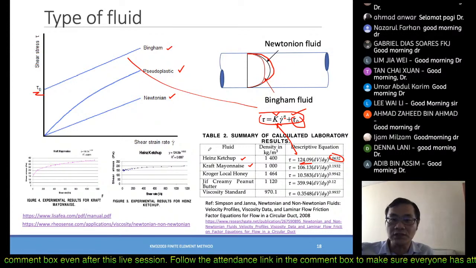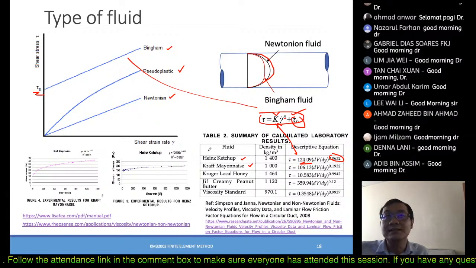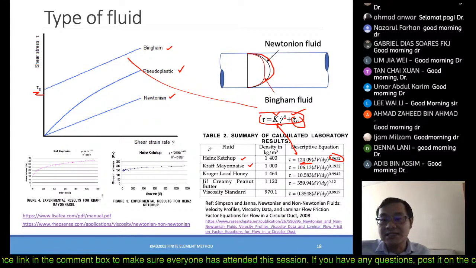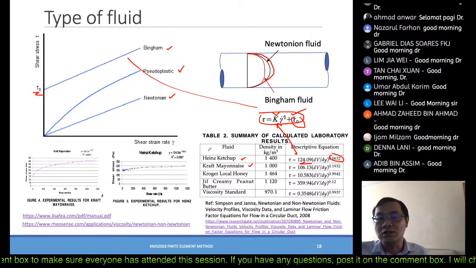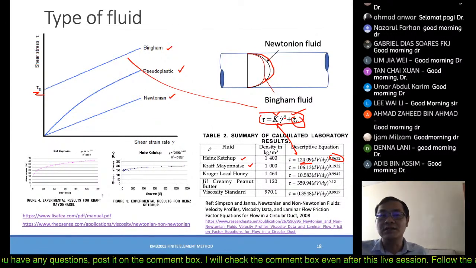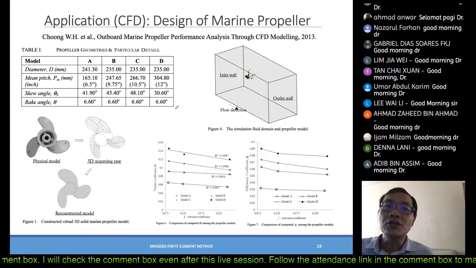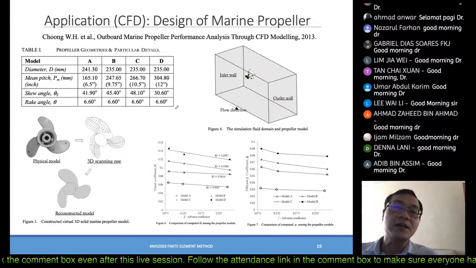So the type of fluid will tell you what type of analysis you need to use, because different analyses use different theory in their code.